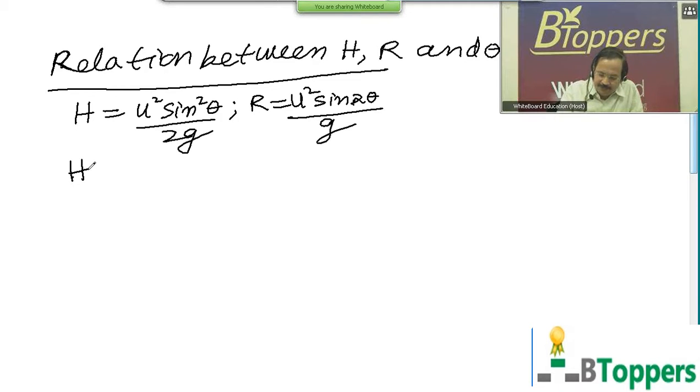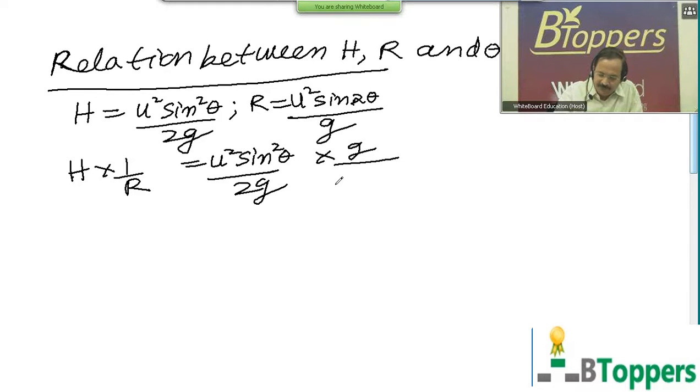So you can divide H with R. So u square sine square theta by 2g into g by u square sine 2 theta. So u square can be cancelled here. g can also be cancelled.